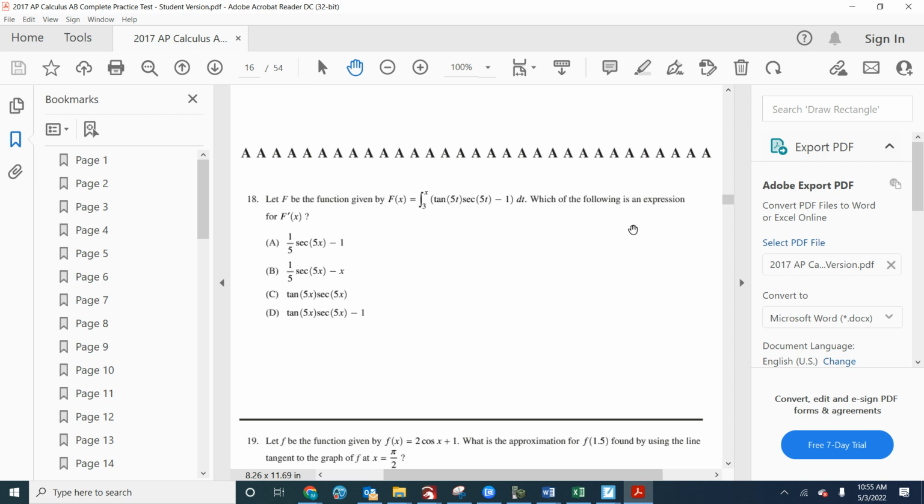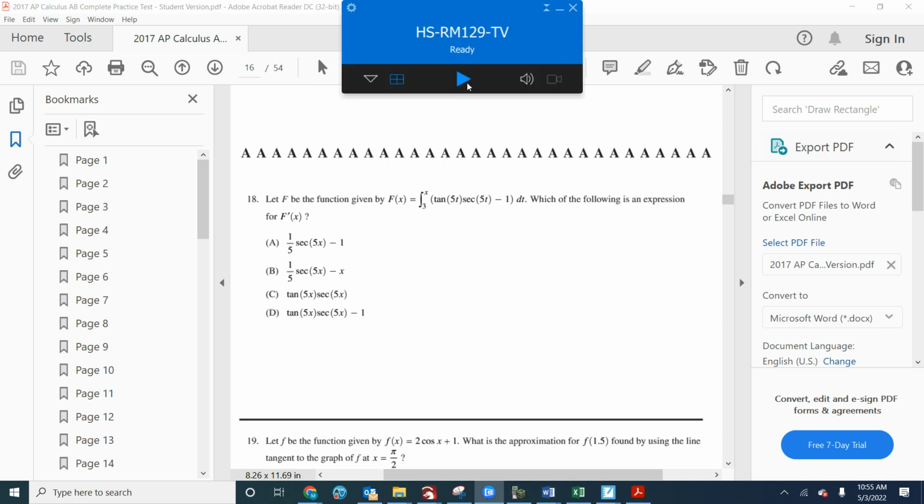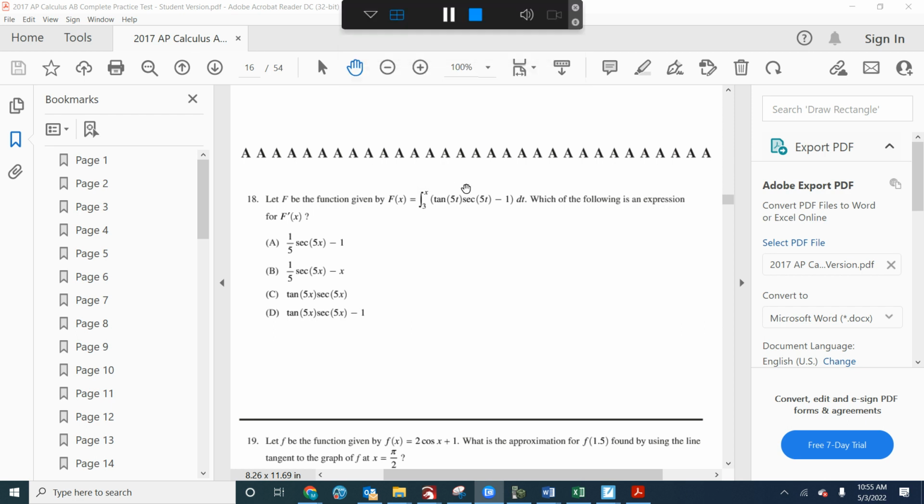Fundamental theorem of calculus. Do you see how it's asking for the derivative of this thing? Tangent of 5x, secant of 5x. Now, here's what I want to make sure you guys are on the same page. This is not easy. We've covered it a lot. That doesn't mean anything.